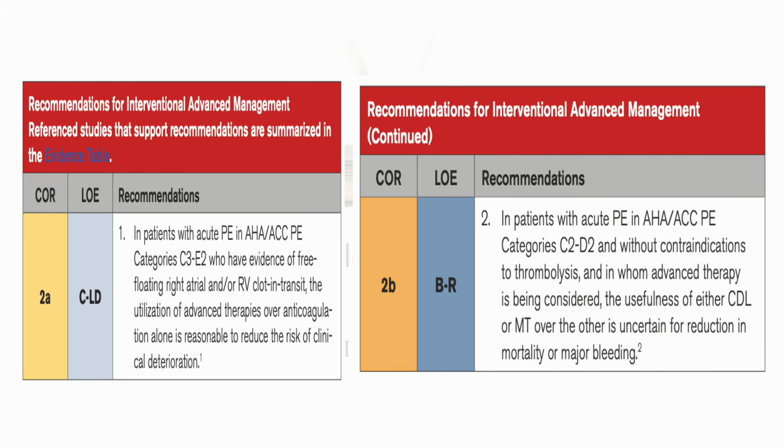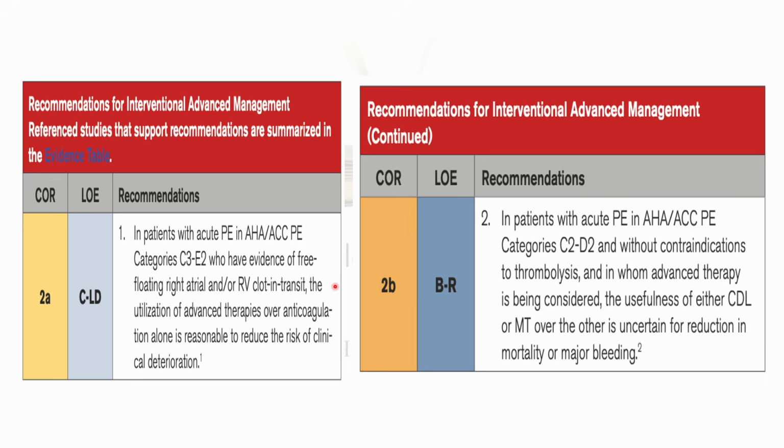So when you look at these tables which have been provided by the guidelines, they've given specific indications where you may consider one technique over the other. Look at this table which shows intervention based on patients having a floating right atrial or right ventricular clot in transit.